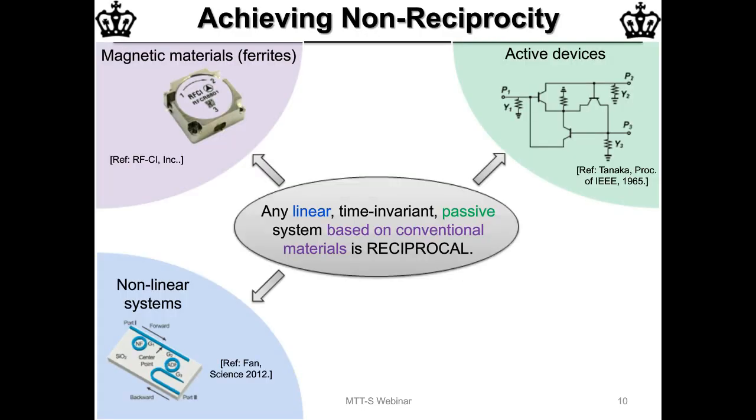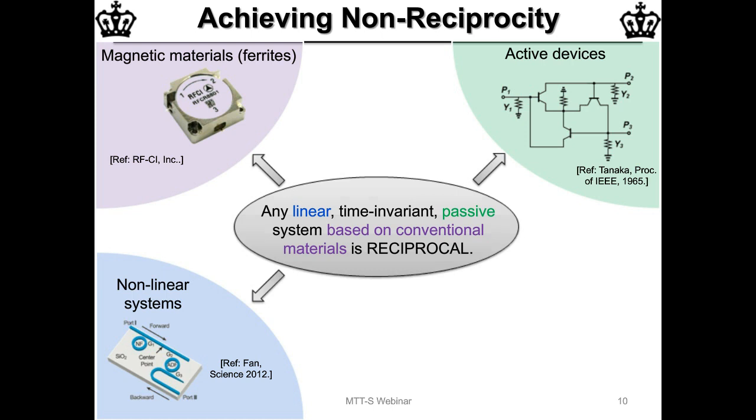Fundamentally, any linear time-invariant passive system built using conventional materials is reciprocal. And so this immediately points you towards the ways in which reciprocity can be broken and non-reciprocal components such as circulators can be built. You can use unconventional materials, namely ferrite materials, which under a biasing magnetic field lose their reciprocity and can be used to build circulators.